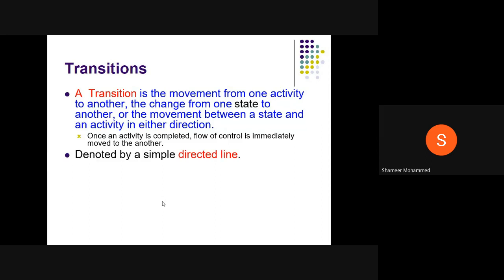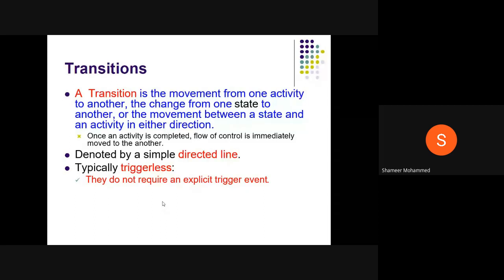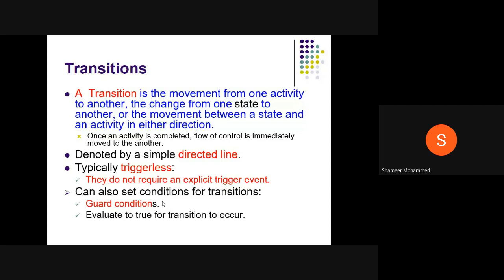You show this with the help of lines, arrow marks, directed lines. If you don't have any trigger, they do not require an event. Trigger means some event or action. And see, there are some conditions, guard conditions, that evaluate to true.